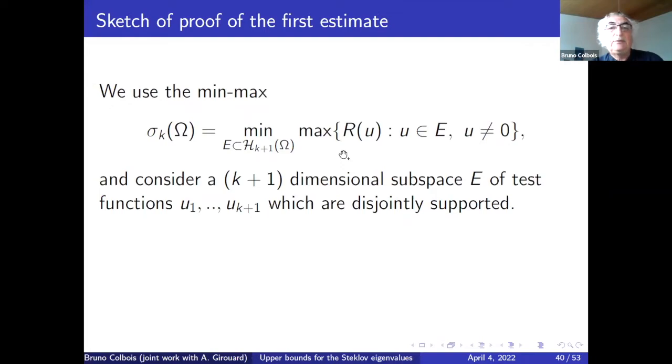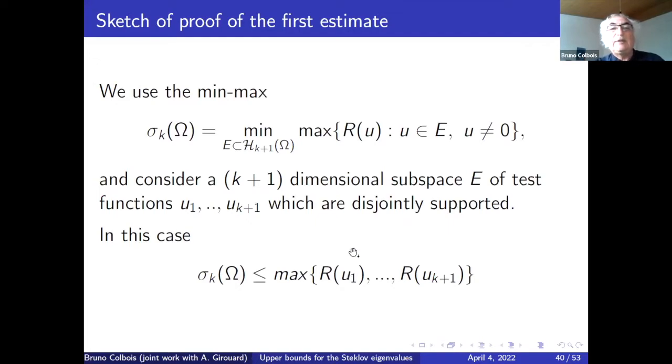In fact, it's good to take a subspace generated by k plus 1 functions. And it's even better to choose disjointly supported functions, because if they are disjointly supported, it's very easy to see that the maximum of R of u for u in the space generated by these functions is just the maximum of the Rayleigh quotients. You have just to control the Rayleigh quotients of the functions that you introduce in the game. You do not have to look at linear combinations.